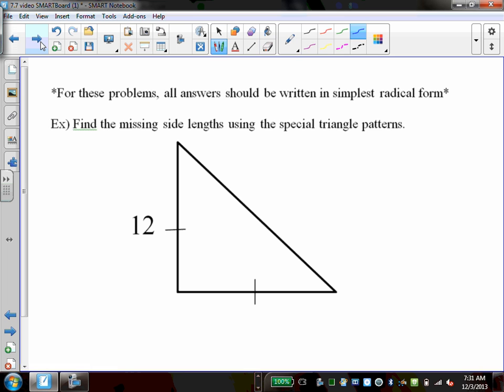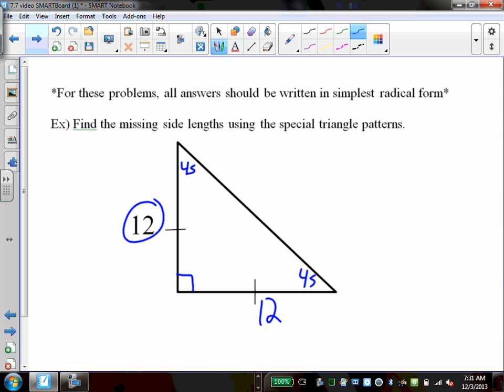Let's put a little bit more notation in here, and we'll say that this is a right triangle. If that's the case, for this one, and we're looking for the missing sides, if those two lengths are the same, this has to be a 45-45-90 triangle. So, if that length over here is 12, that means that this one down here is 12.